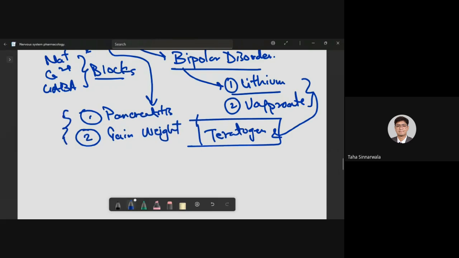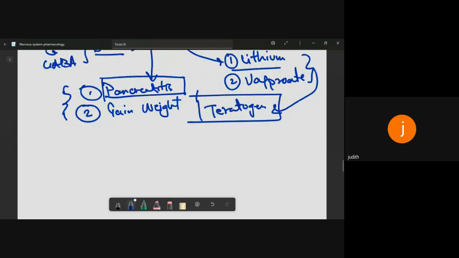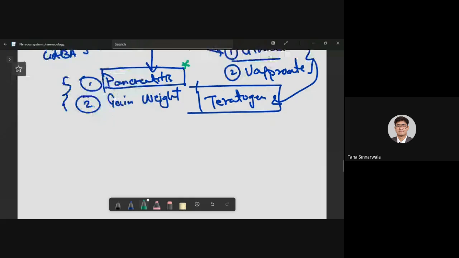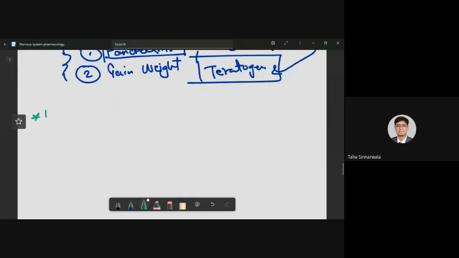Now, I have one interesting branching question. What kind of necrosis do you see in pancreatitis? Fat necrosis, and maybe another one? Liquefaction, yes. So I'll mark a small star here: liquefaction. Pancreatitis can cause both necrosis.